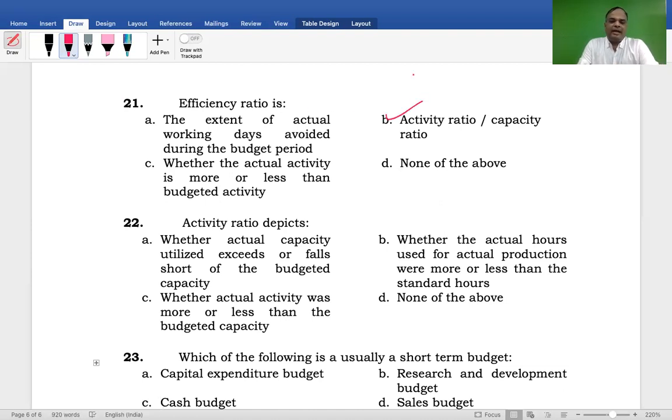Then, what does the activity ratio represent? A, whether actual capacity utilized exceeds or falls short of the budgeted capacity. B, whether the actual hours used for actual production were more or less than the standard hours. C, whether actual activity was more or less than budgeted capacity.